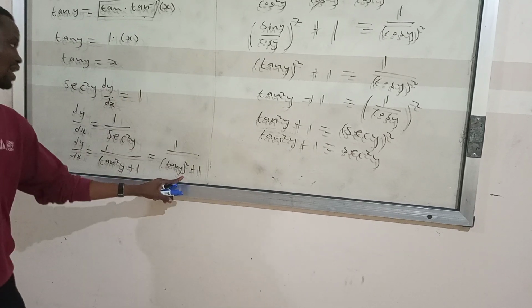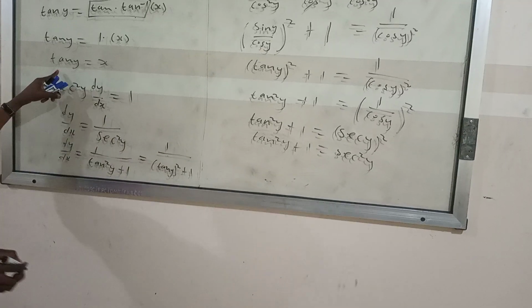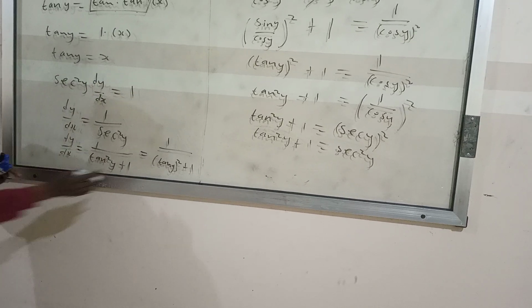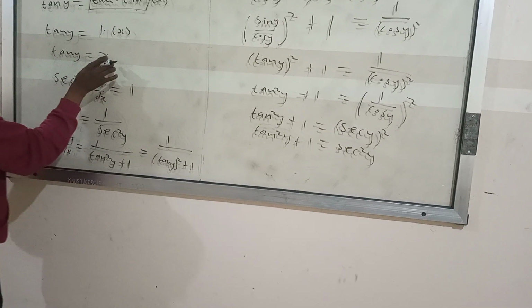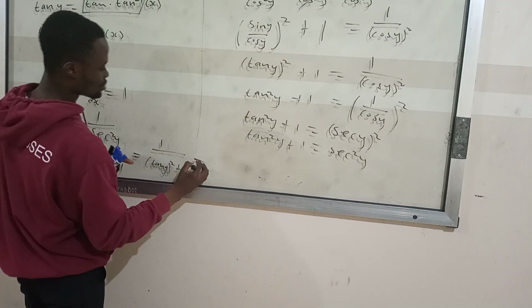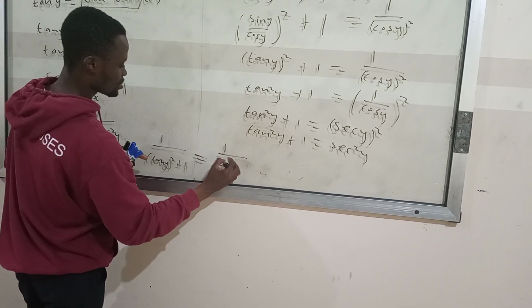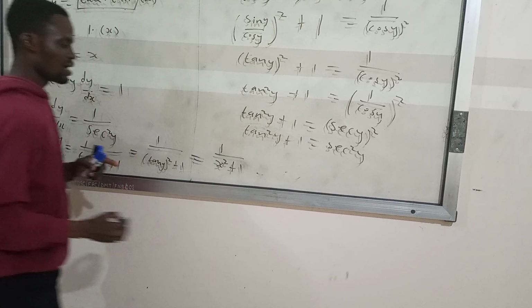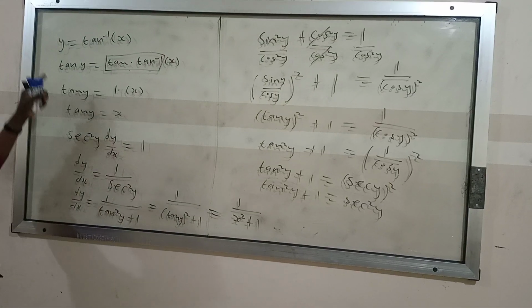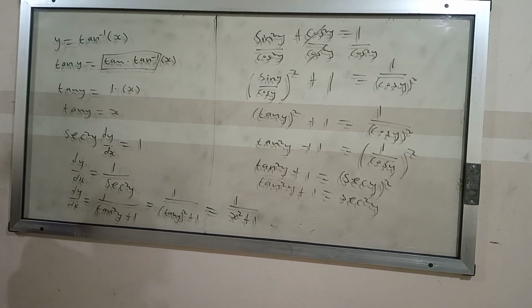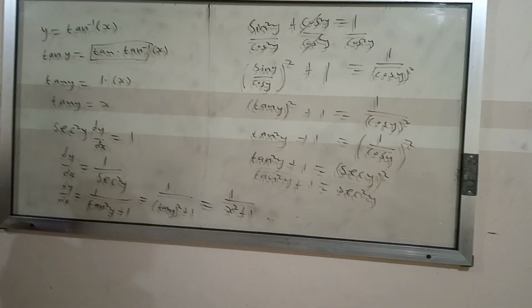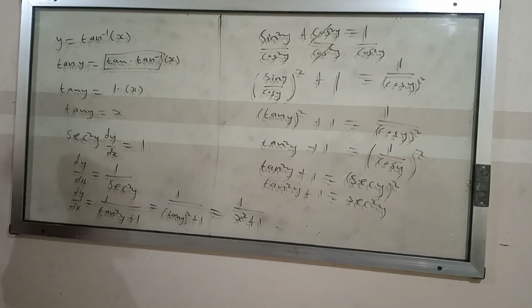But what is tan y? Tan y is equal to x. So in place of tan y, we just put in x. So we are going to get 1 over x square plus 1. And that's the answer for differentiating tan inverse, the first derivative. Thank you very much.